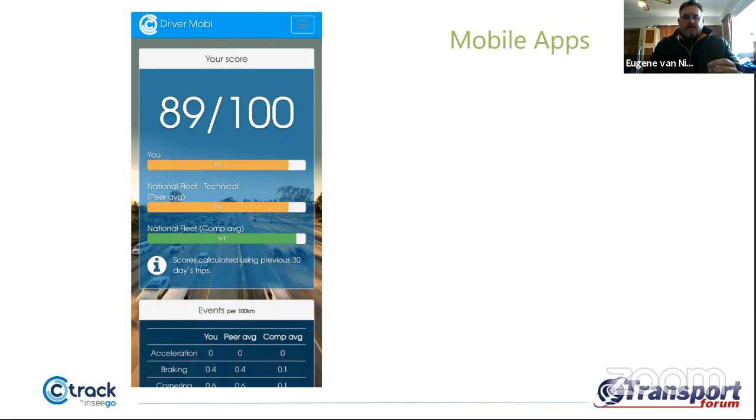Now, a mechanism that will make this easier is the ability to use some form of reporting mechanism to the driver. Again, using that information cleverly by creating a mobile app that the driver sees, we can show the driver his driving behavior.